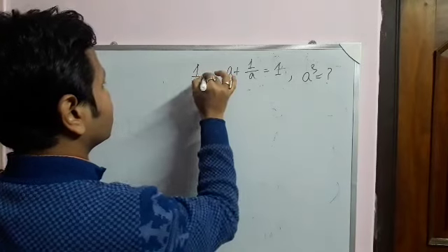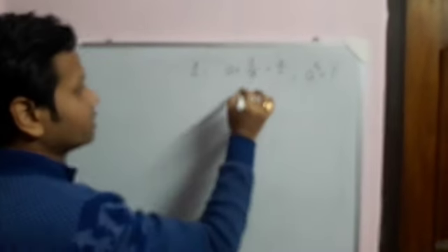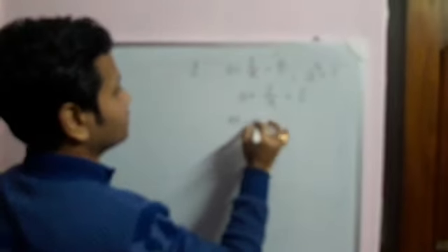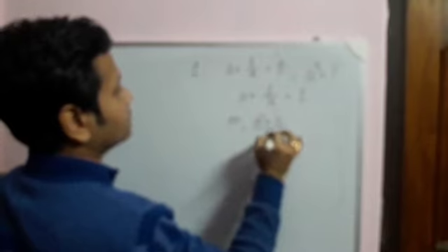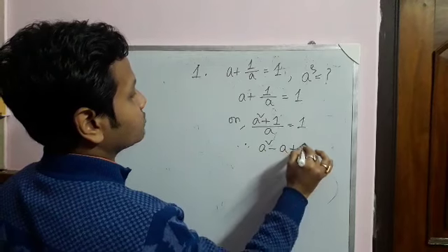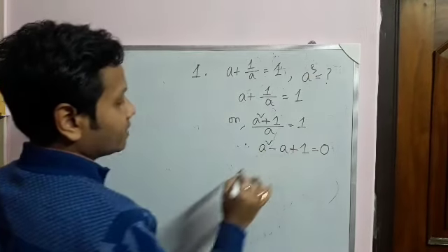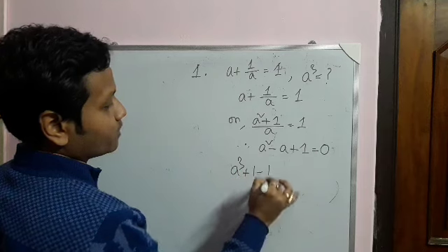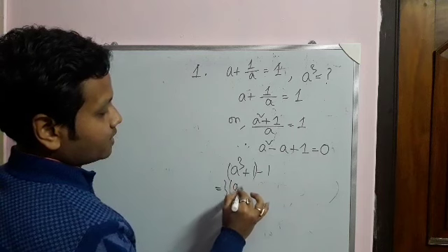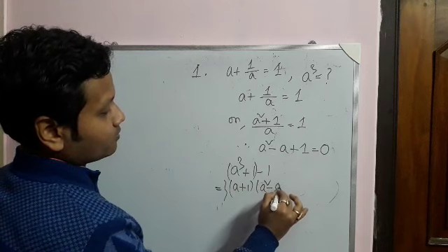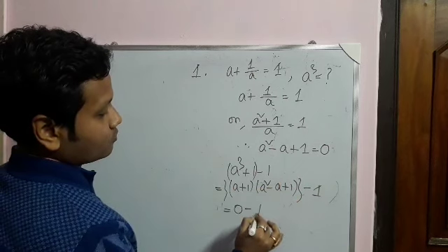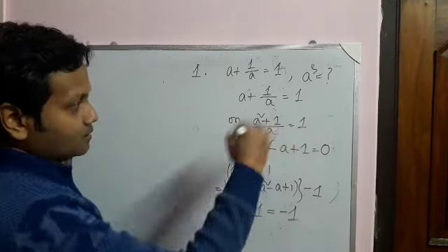Given that a plus 1 by a equals 1, we get a square plus 1 upon a equal to 1, from which we can write a square minus a plus 1 equal to 0. Now we can write a cube as a cube plus 1 minus 1. So a cube plus 1 is simply a plus 1 into a square minus a plus 1. This term is 0, so 0 minus 1, so this is minus 1. So this is the result.